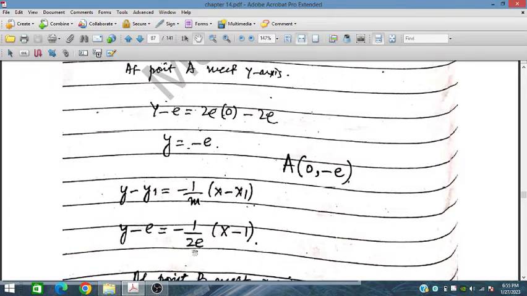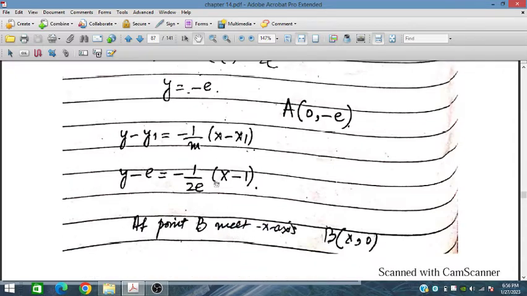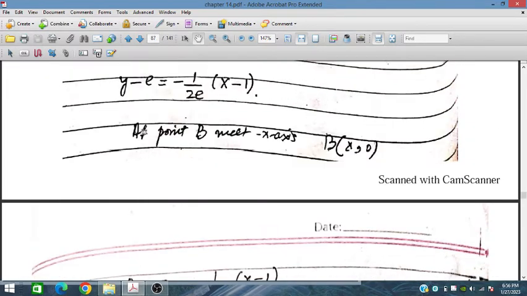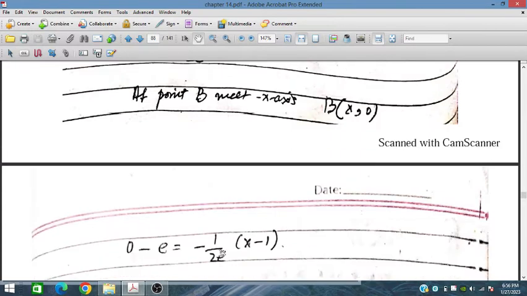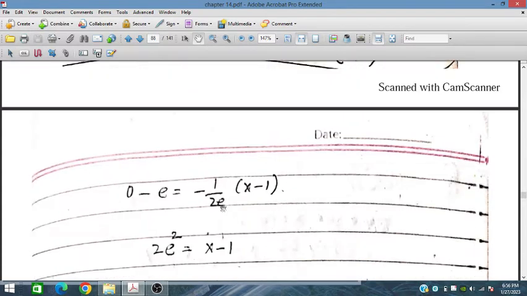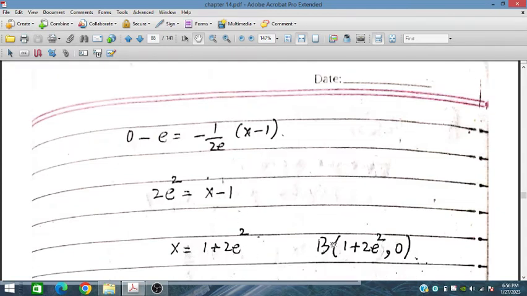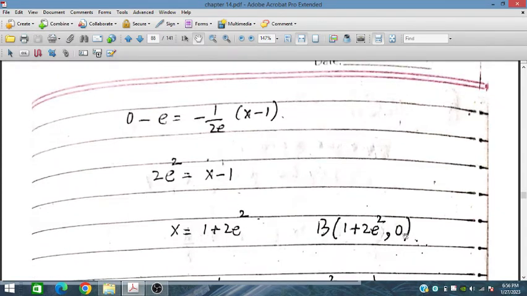Minus 1 over 2e is the gradient of the normal. This normal meets the x-axis at point B, where y is 0, and we will obtain the x value. With y equal to 0, the minus signs cancel, and multiplying by 2e gives 2e squared is equal to x minus 1, so x is equal to 1 plus 2e squared. So B is (1 plus 2e squared, 0).